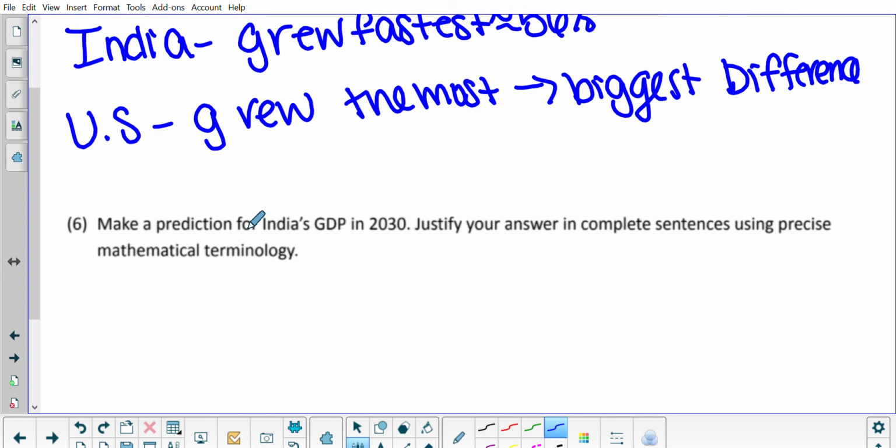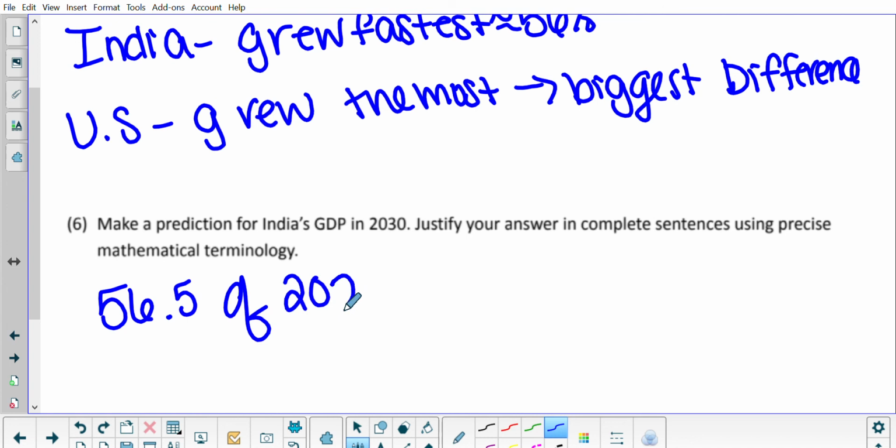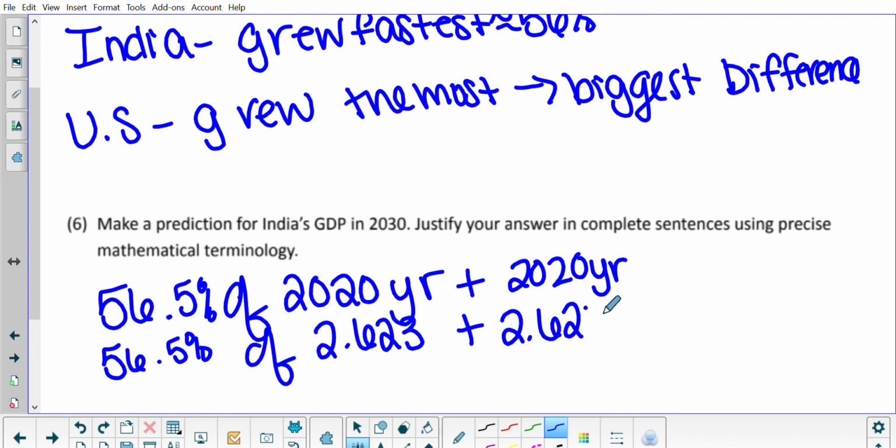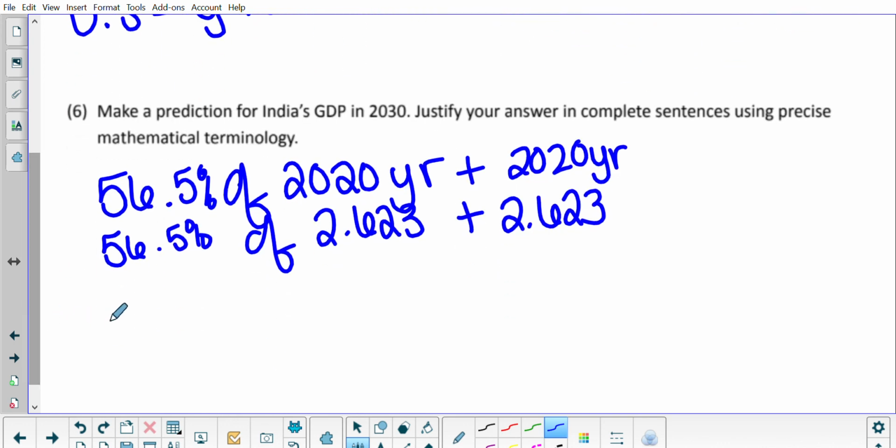Okay, so we're going to take this 56.5% of the 2020 year, and then we're going to add it to whatever the 2020 year was. Okay, so this is going to be 56.5% of, I believe it was 2.623, and then we're going to add it. Right? Remember, this is one way to do it. Not the only way, but this is one way.